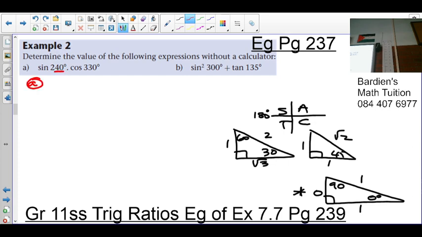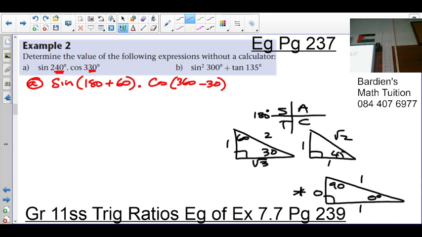So sine 240 times cos 330. In which quadrant is 240? Third quadrant. So what do I write? Sine of 180 plus 60, times cos of 330. 330 is in which quadrant? Fourth quadrant. How do we get in quadrant 4? It's 360 minus 30 degrees.